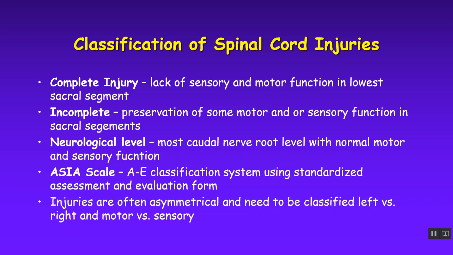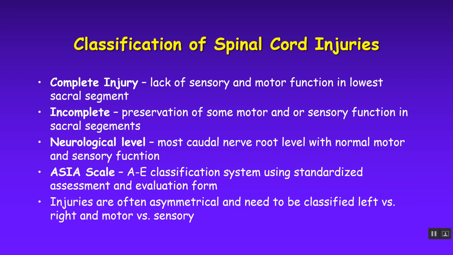And the only way you test that is the physician tests sensation at the anus, and they also test for the reflex, like the anal wink reflex. They stick their finger up your butt and see, can you feel that? And can you squeeze my finger? And if you can't feel that and you can't squeeze the finger, you have a complete injury. That means the lowest sacral segment is involved, okay? So that's what they do.